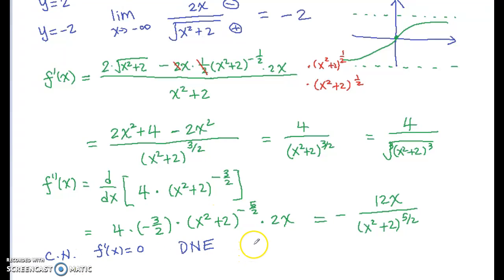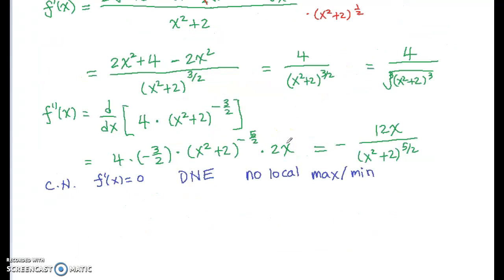Because there's no critical number, there will be no local max or local min. So that means you will not have any horizontal tangent line. So trying to draw the graph without any horizontal tangent line.